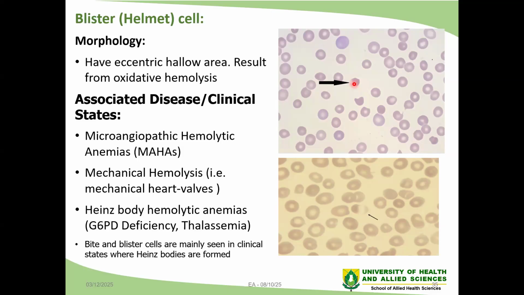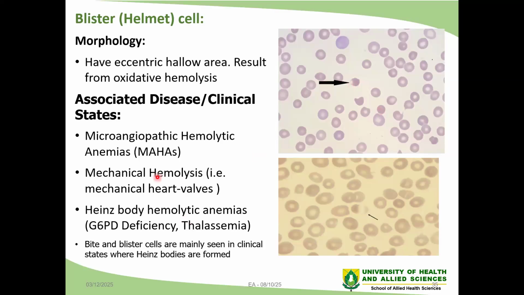The microangiopathy again could make this happen. Within this blood film here, we can see there's a polychromatic cell at the top here. And there may be other things that we can all discuss. So usually in a single patient, many things can happen. But here our focus is on the blister or the helmet cell.